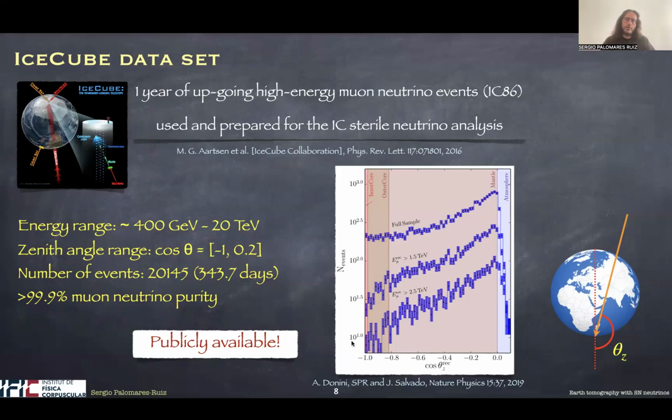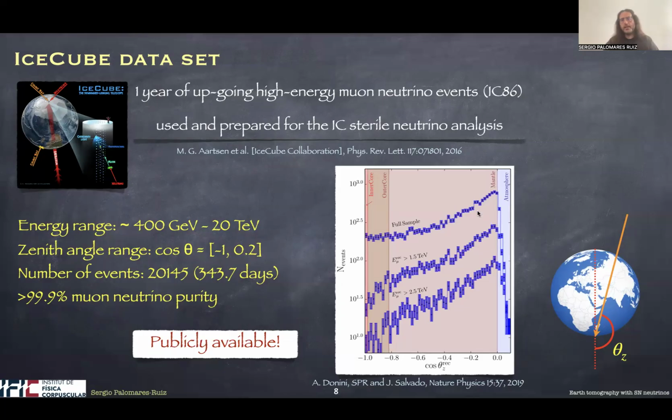And the main idea can be summarized with this plot. Here I'm showing the number of events as a function of the direction of these neutrinos; these are core-crossing neutrinos, and these are horizontal neutrinos. This blue histogram is the full sample, which is dominated by low energy events, which experience very small absorption. So basically, this represents the angular distribution of atmospheric neutrinos.